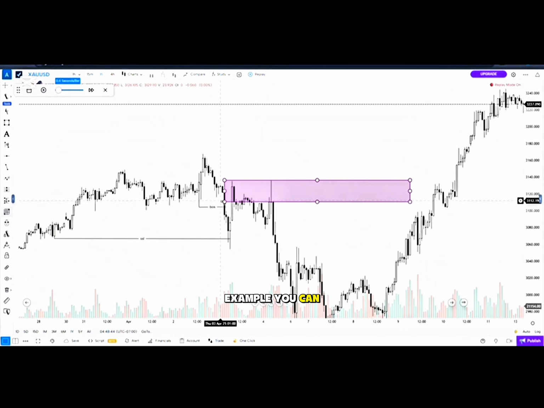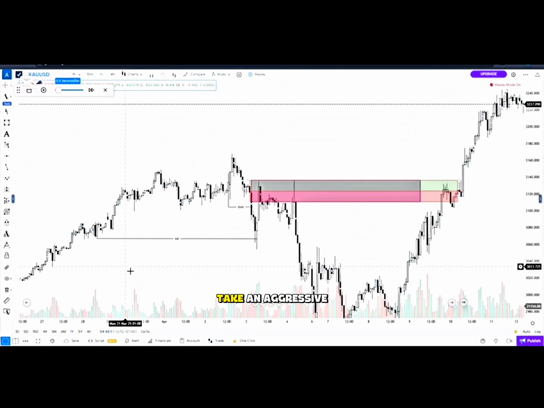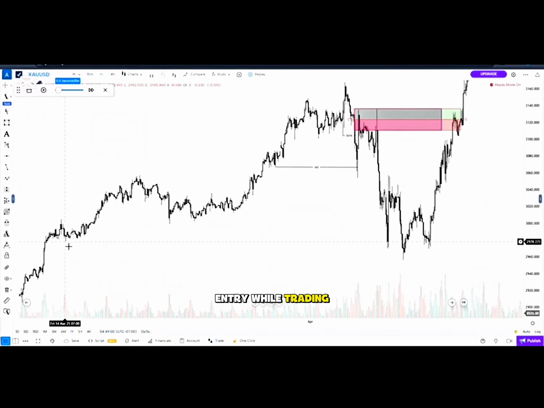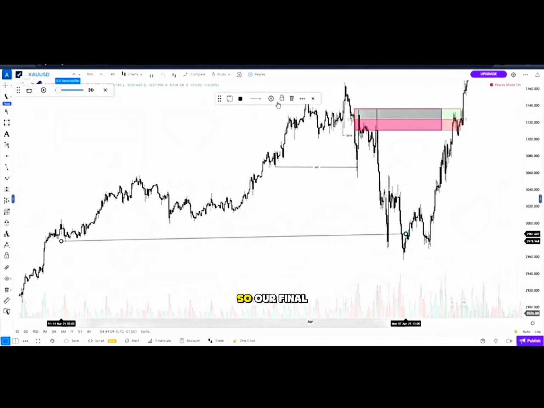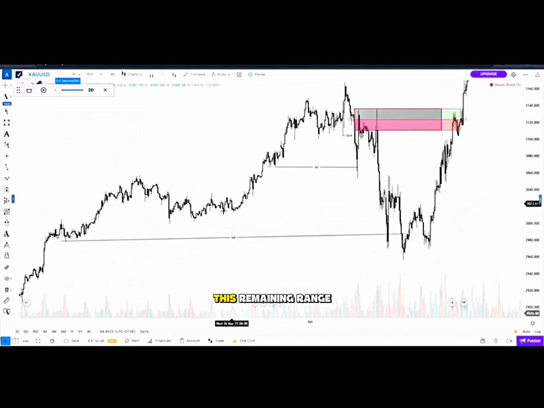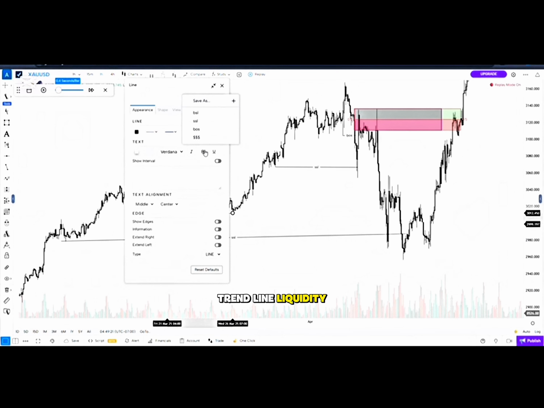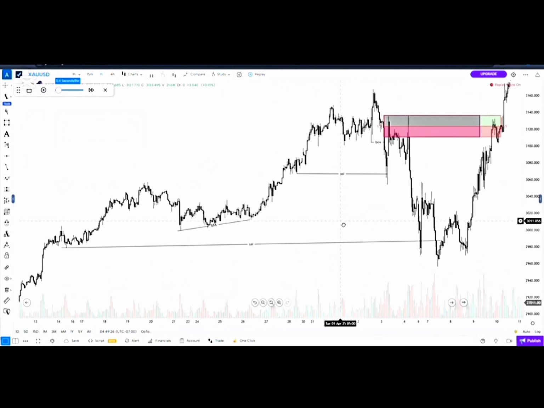Here we found a demand zone, and the demand is so large that we won't risk that much, so we'll just take an aggressive entry while trading news. We have drawn 50% of our demand, so our final target will be this remaining range, sell-side liquidity, and also the trendline liquidity that is remaining.